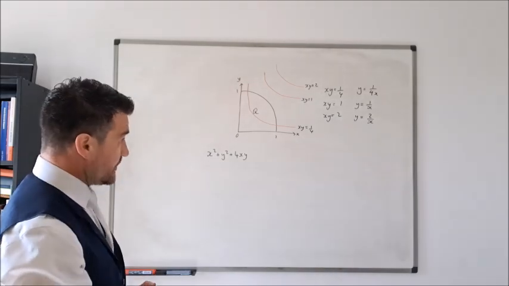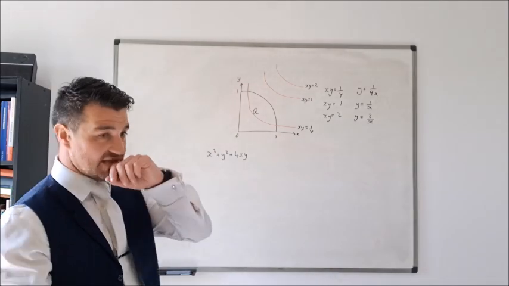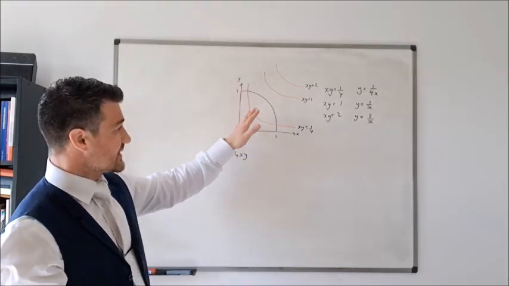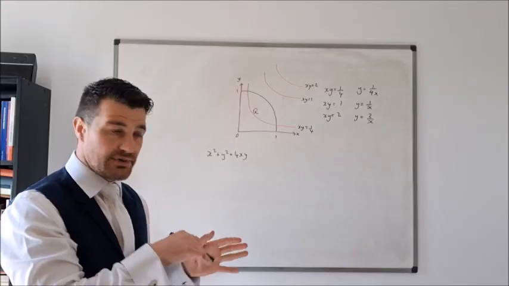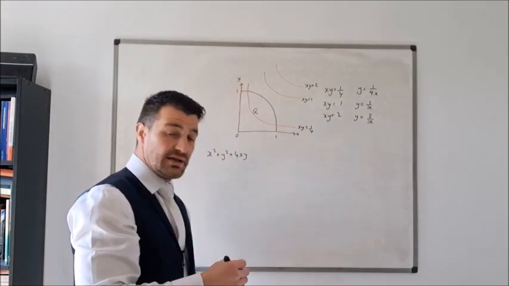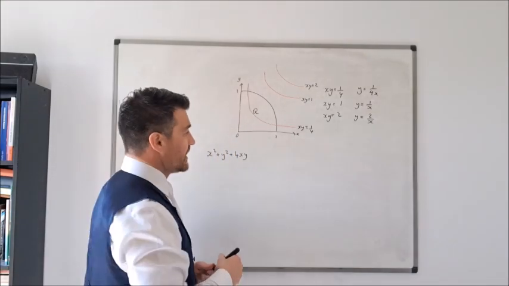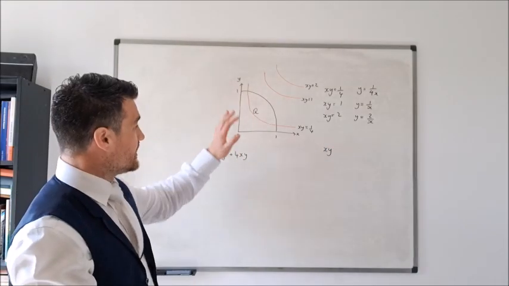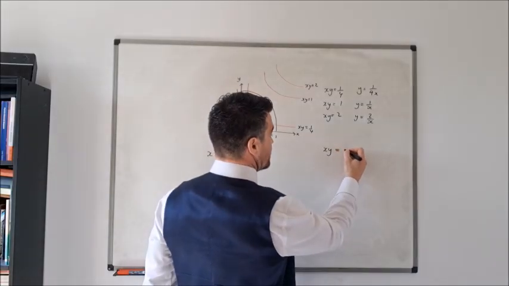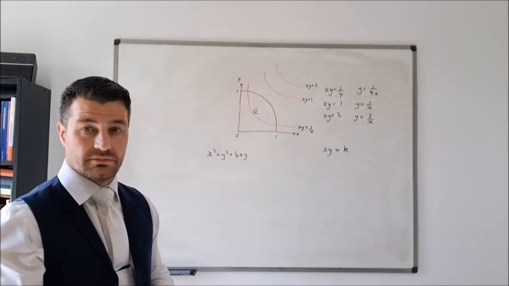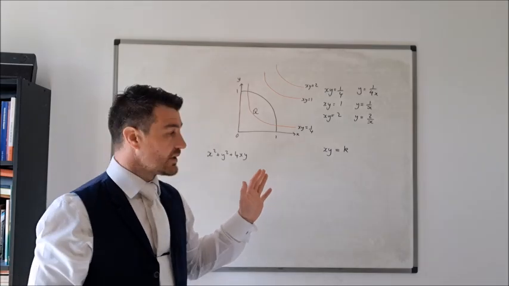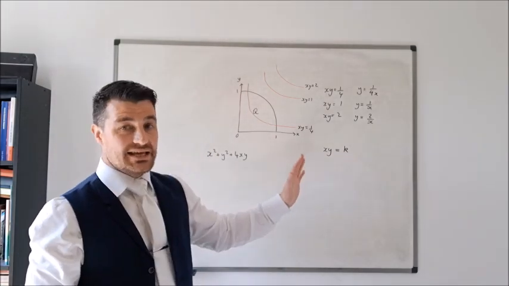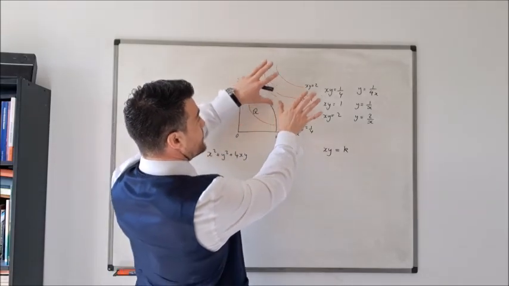It might be worth taking note of where this maximum occurs, and I'm going to do it in a roughly similar way to what I did before. Whereas before I had x plus y equals k, rather than asking what is the maximum value of xy in the region Q, I'm going to think about xy equals k in the region Q. What I realize here is that as k increases, this curve kind of moves outwards.